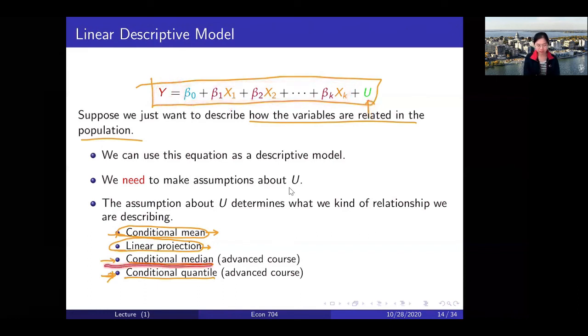And the conditional median model will make an assumption about u so that this linear function is the conditional median of y given the x variables. And similarly, the conditional quantile model will make an assumption about u so that this linear function is a conditional quantile of y for some given quantile. And for today, we will focus on these two, and the others will be talked about maybe in future courses.